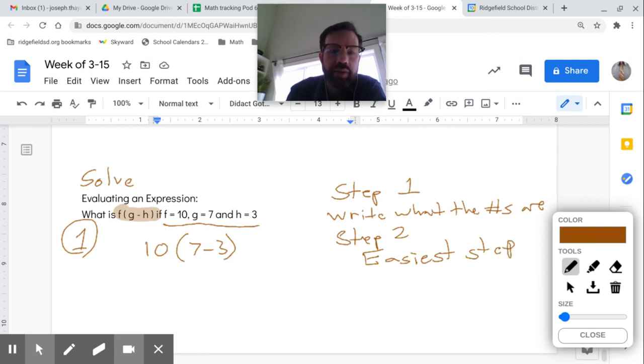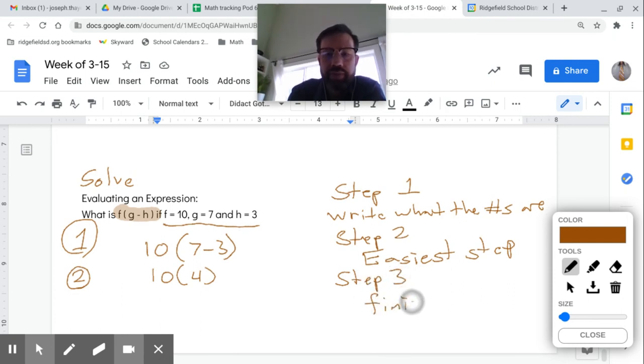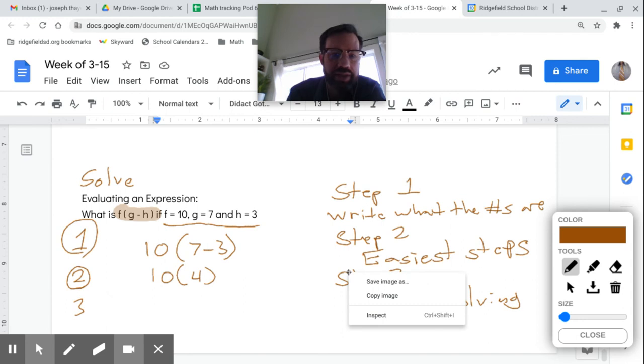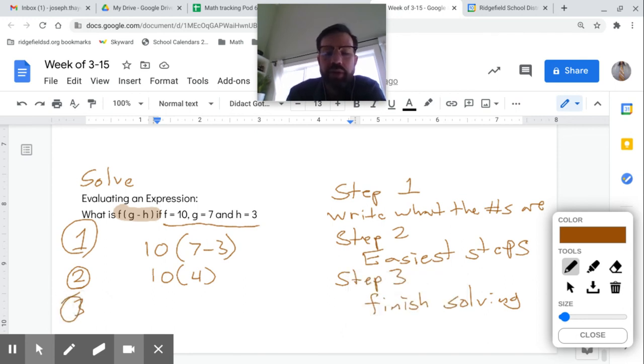I think the easiest thing we can do is 7 minus 3. So step 2, we would just do 7 minus 3, which is 4. And step 3 is finish solving. Sometimes you might need to do 1 or 2 or even 3 things in step 2. So maybe we should call that step easiest steps. So step 3 is 10 times 4, and 10 times 4 is 40.